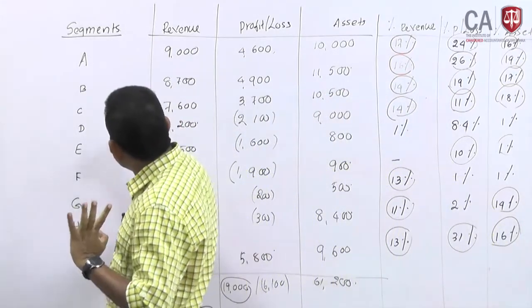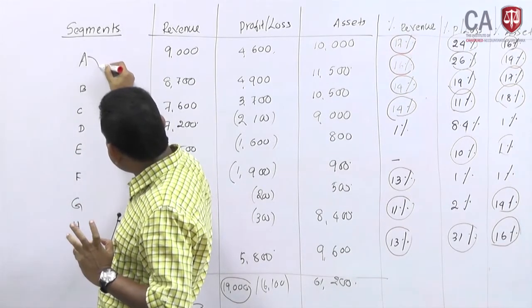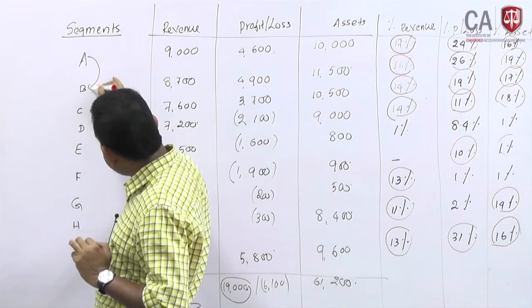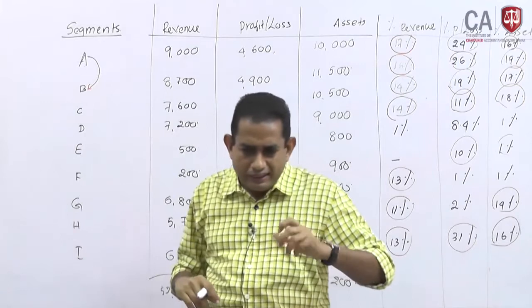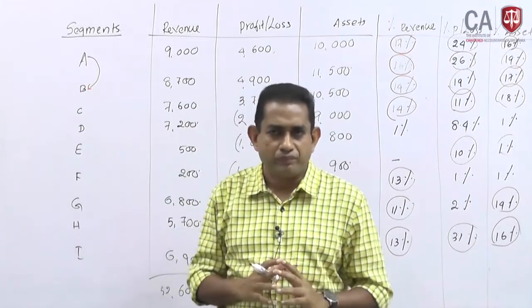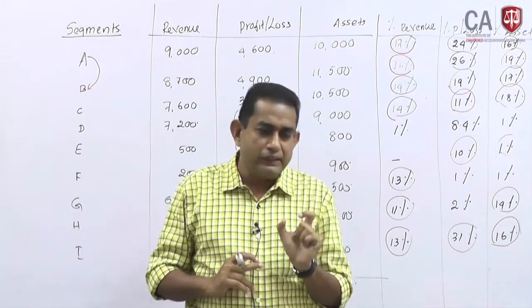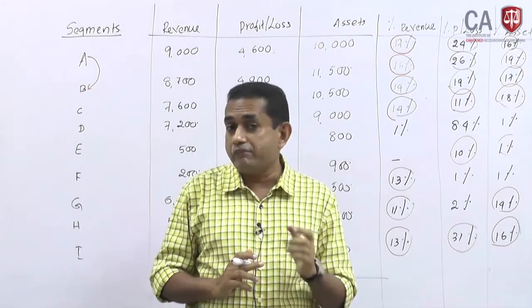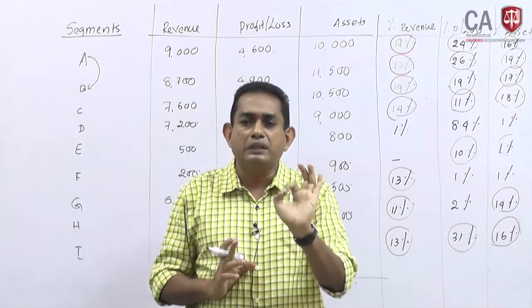Sometimes there can be intersegmental sales, like A can sell goods to B and B can sell goods to A, and so on and so forth. There can be intersegmental transactions. In calculating the 10% revenue of the combined revenue of the segments, you can include intersegmental sales as well.